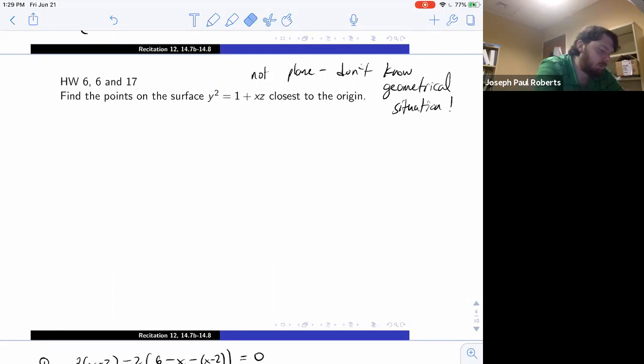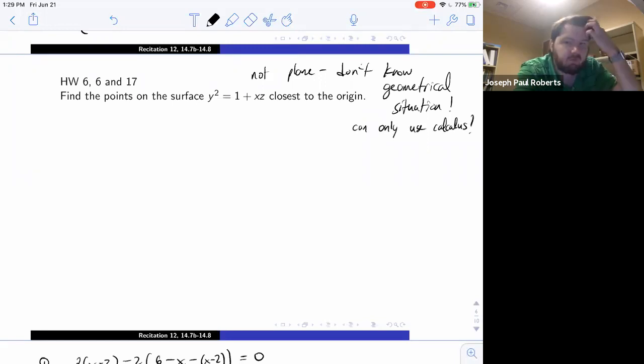But anyway, you don't have to worry about any of this. I'm just explaining why: we don't know the geometrical situation, so we can only use calculus. We don't have anything from previous chapters that explains the situation using projections or geometry. So anyway, we've got to use calculus.